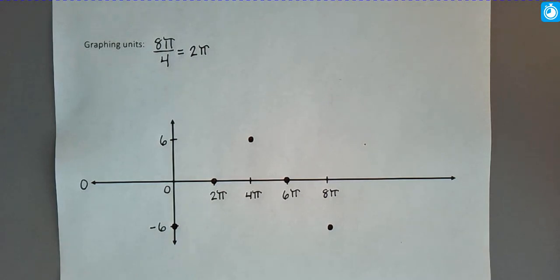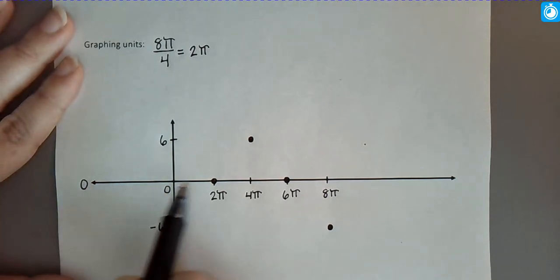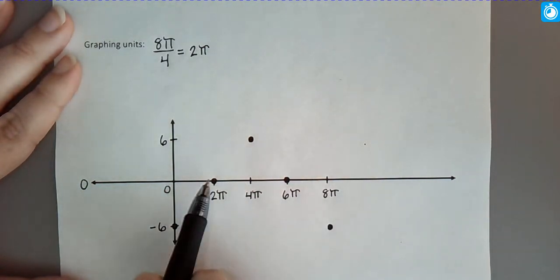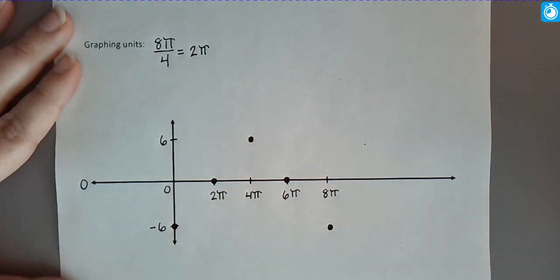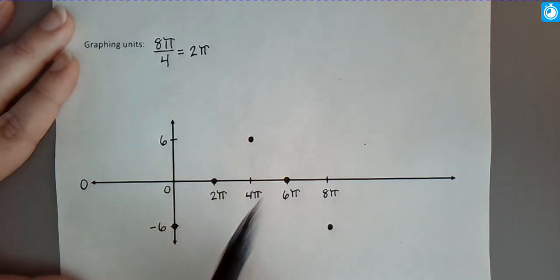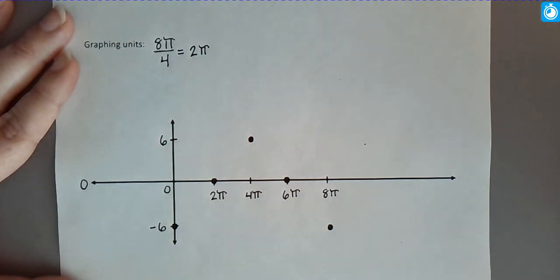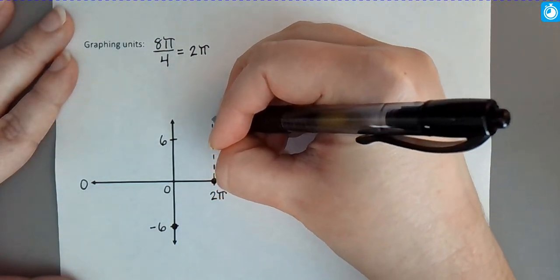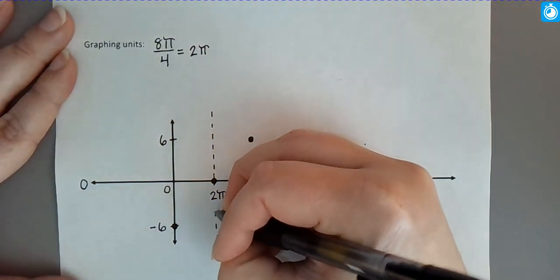So what that looks like on a graph is anywhere where our cosine hits 0 or hits its midline, those will be locations where the secant is undefined, or more specifically, the secant graph will have a vertical asymptote. So within that one period of cosine that we graphed, there's 2 locations where our cosine is going to hit its midline, and those are going to be the 2 locations where the secant is actually going to have a vertical asymptote. So I'm going to put in my vertical asymptotes at those 2 locations.